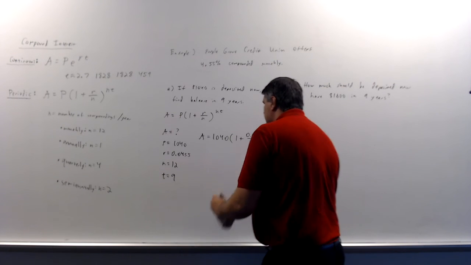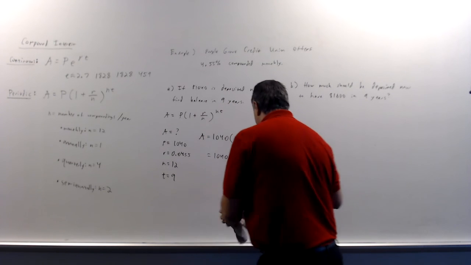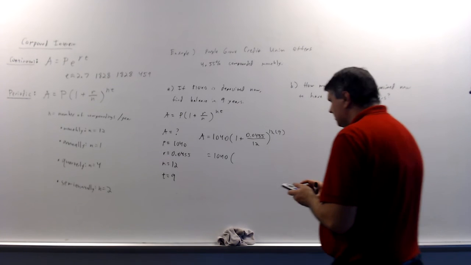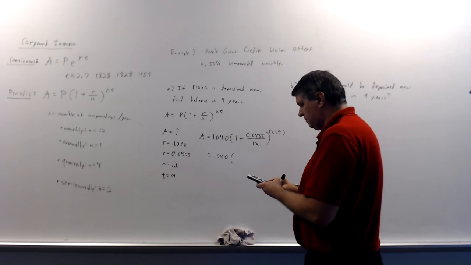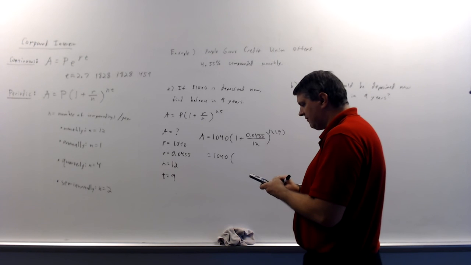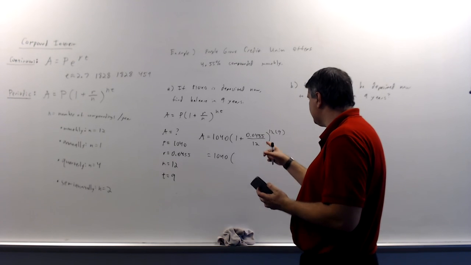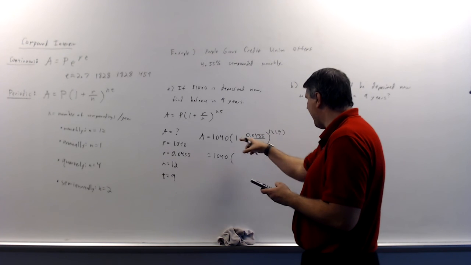So A equals 1,040 times, and I'm going to see if that divides cleanly. I don't think it does. So 0.0455 divided by 12 plus 1. What I went ahead and did is take the 0.0455, divide first, then add.